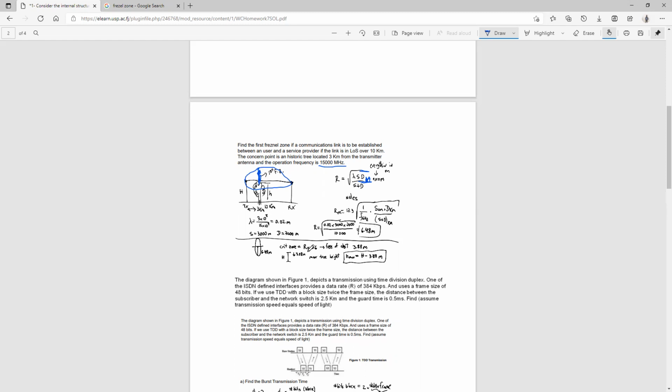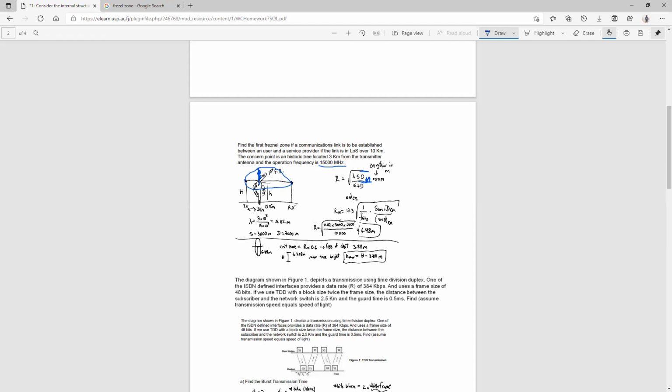The critical zone is r times 0.6, which is 3.89 meters. The line of sight is this straight line between the transmitter and the receiver, right? So this tree shouldn't be within 0.6 of this first Fresnel zone, so 0.6 of the radius, that is 3.88 meters.